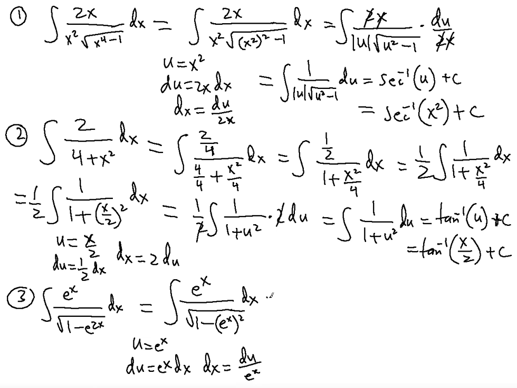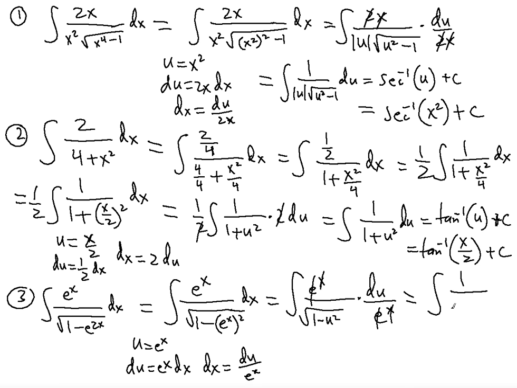Okay, so now we're going to have e to the x divided by the square root of 1 minus u squared, and dx is equal to du over e to the x. So the e to the x gets canceled. So we're having basically 1 over the square root of 1 minus u squared du.